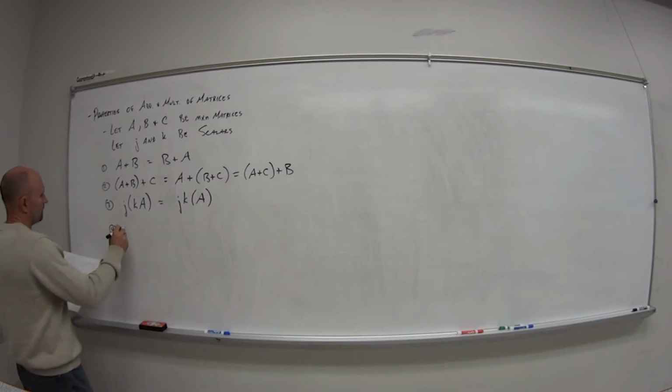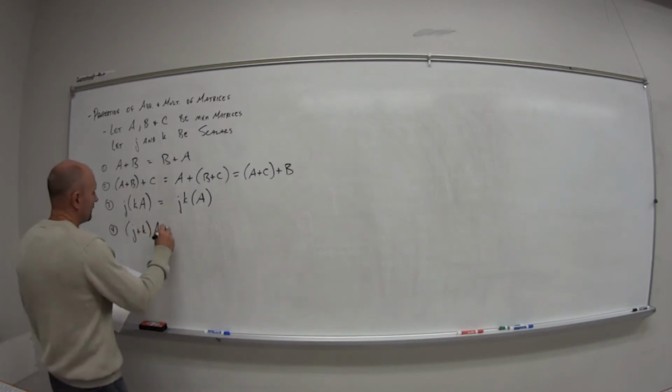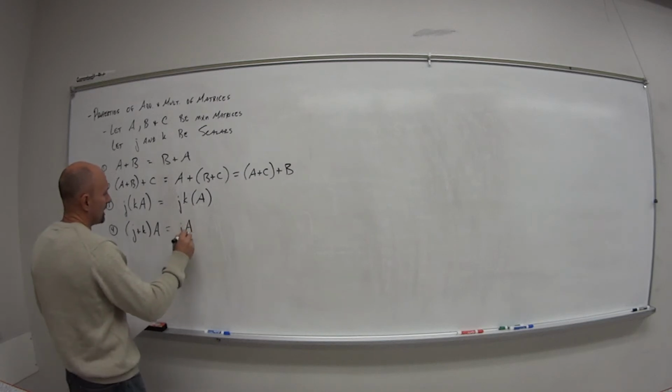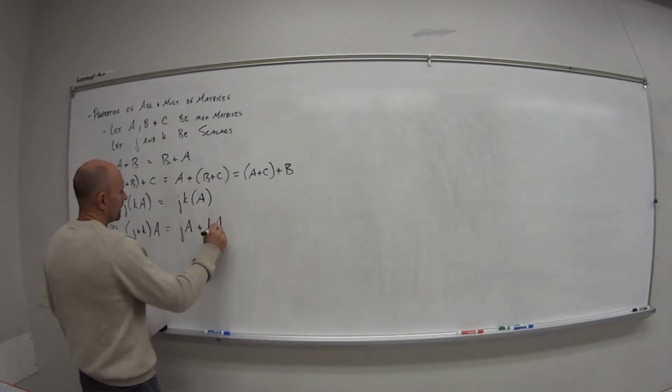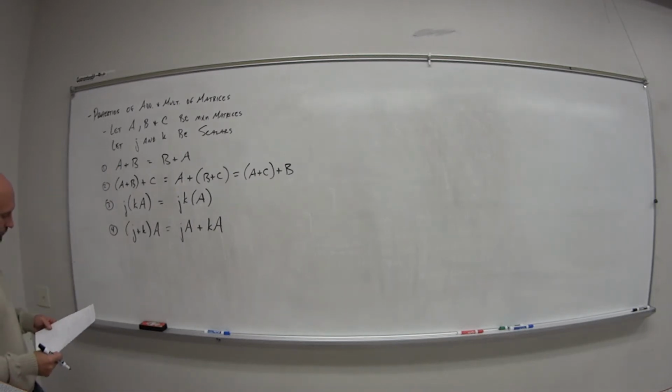Number 4, if I add the scalars and then multiply by the matrix, it's the same from a distribution standpoint as J times the matrix A and then K times the matrix A and then adding that result together.